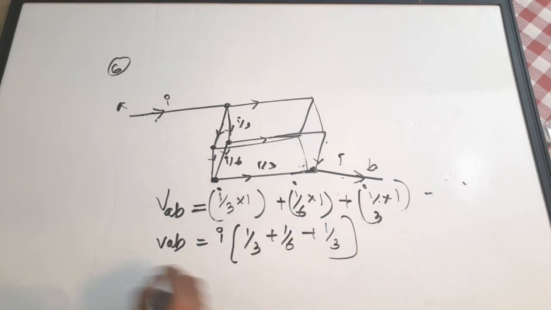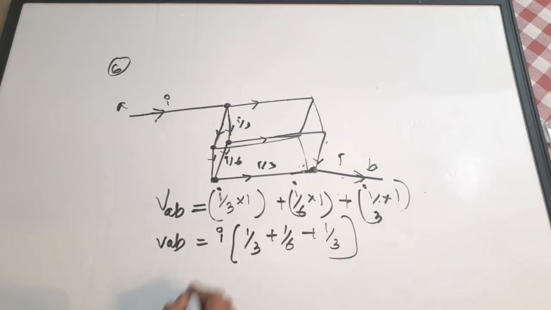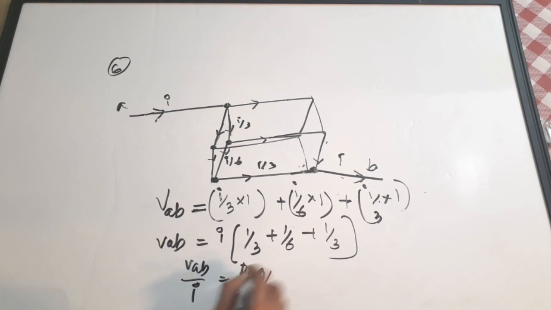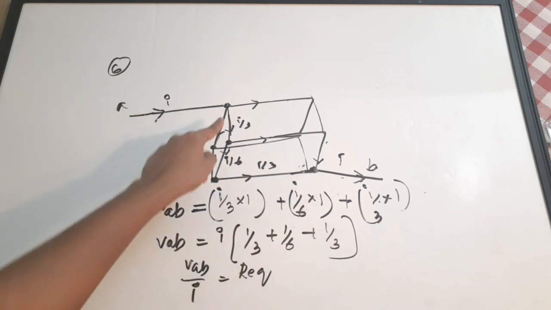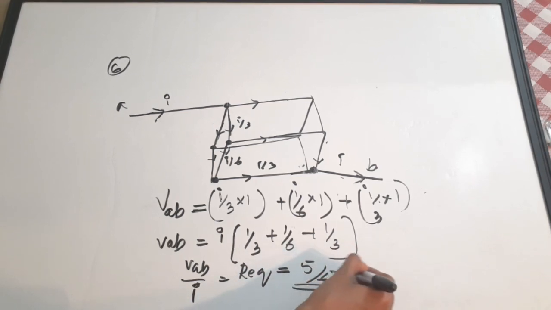Okay, now as we have discussed earlier, you can write VAB by I is equal to Req, which is the equivalent resistance, which is the value which we need to find. We need to find the equivalent resistance across the diagonals. So Req is equal to 1/3 plus 1/6 plus 1/3. What is that? It is 5/6. So the answer is 5/6 ohms.